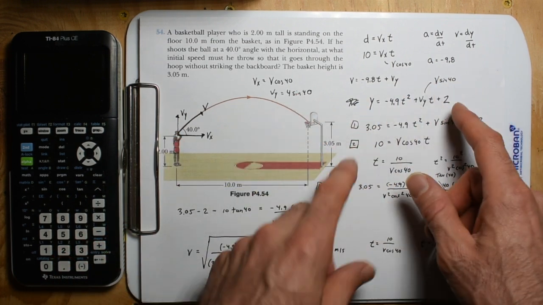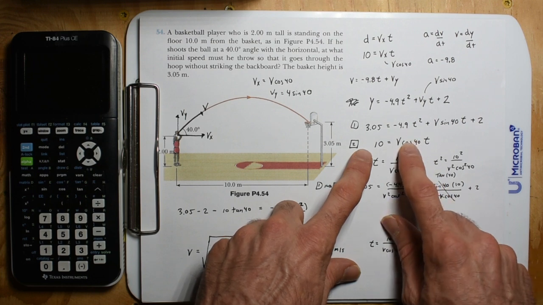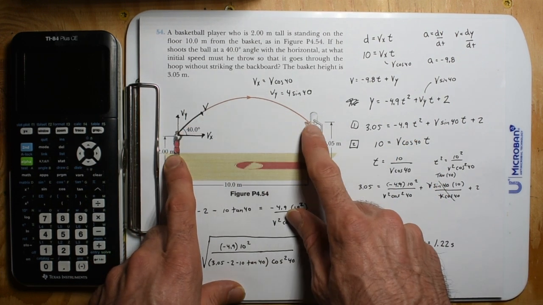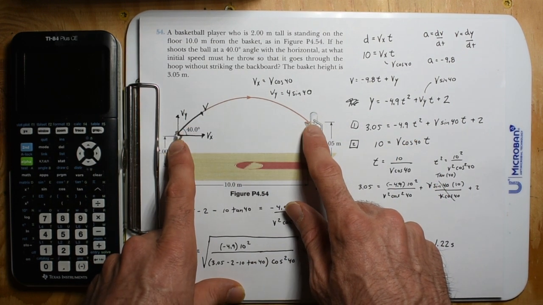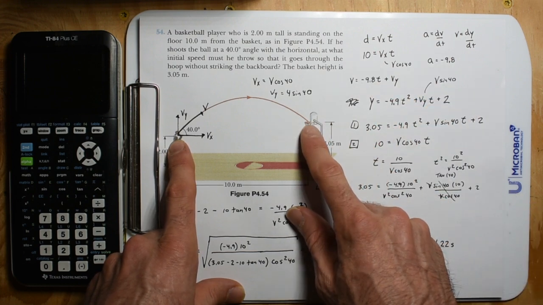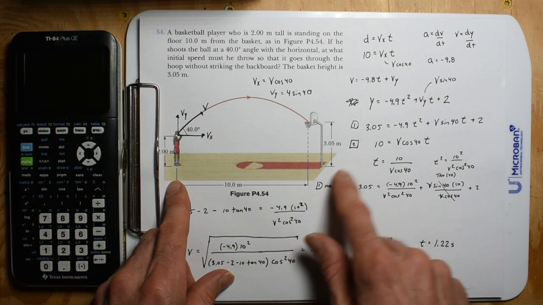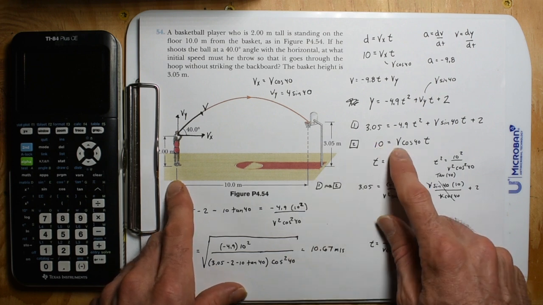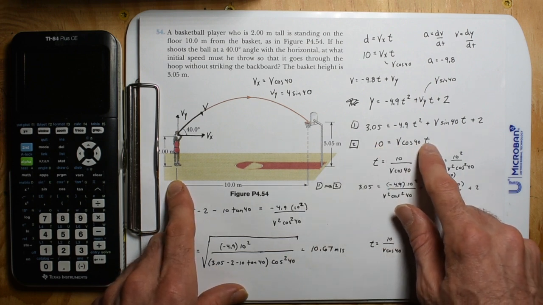And then we want continuity between these. So we pick the time t to get here, t final, but I just call it t. At that time t, we're going to go a distance of 10, so this equation is 10 equals v cosine 40 times t.